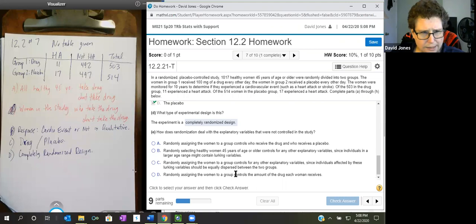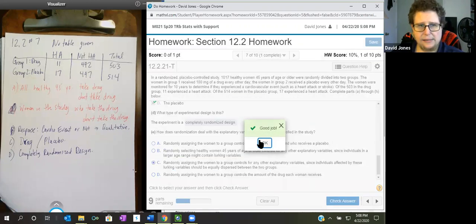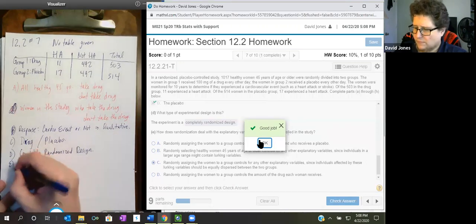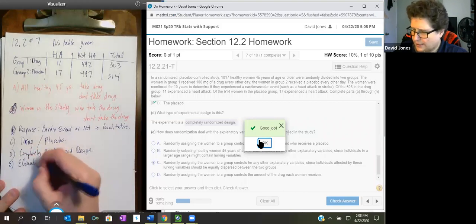Let's see which one. C. Those lurking variables should be dispersed between the two groups because we don't know where they're at. It's the one that said equally dispersed.